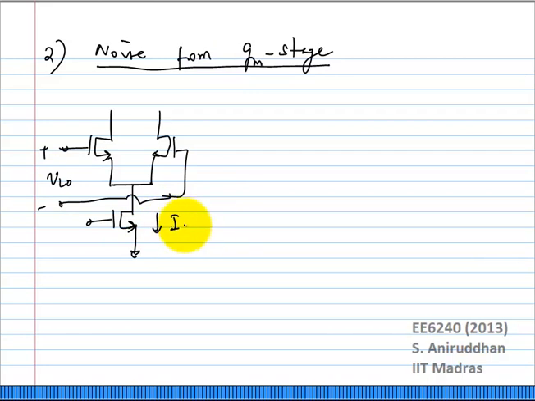Let us say the tail current was some IT, and this is your VRF, and this is your VLO to give your output baseband. So you are interested in the noise from this device. How would you analyze this? Ajmal, how would you figure out how to analyze this for noise?